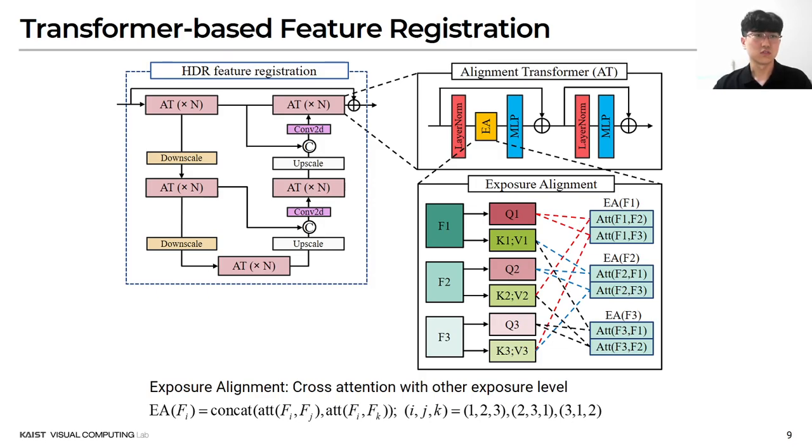For instance, to get the exposure alignment result of exposure level 1, we concatenate the cross-attention results from the features of exposure level 2 and level 3. By employing this explicit permutation, each feature vector of the exposure level effectively addresses spatial misalignment and motion blur.